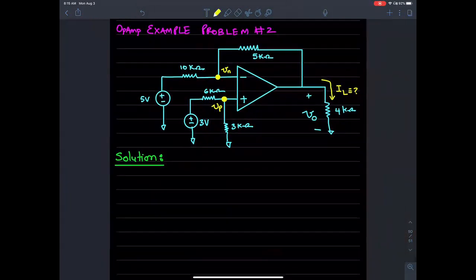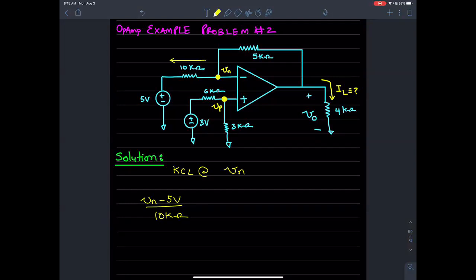So let's write KCL at Vn. What are the different currents at that node? If we go to the left, you would have the voltage Vn minus 5 volts over 10 kilo ohms.